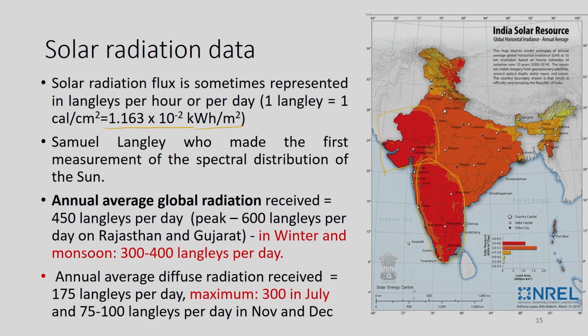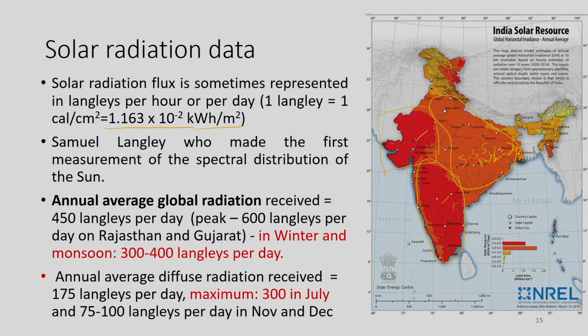5.5 to 6 kilowatt hour per meter square per day is received in those locations, and about 5 to 5.5 kilowatt hour per meter square per day at these locations.